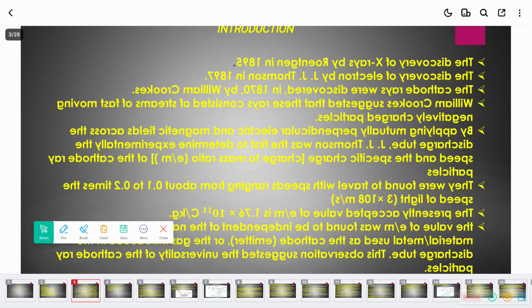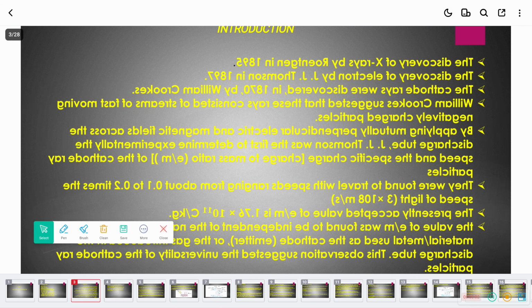You see here. The discovery of X-ray by Röntgen in 1895. Very good. Now the discovery of electron by J.J. Thomson in 1897. Very good. Now what is this one?